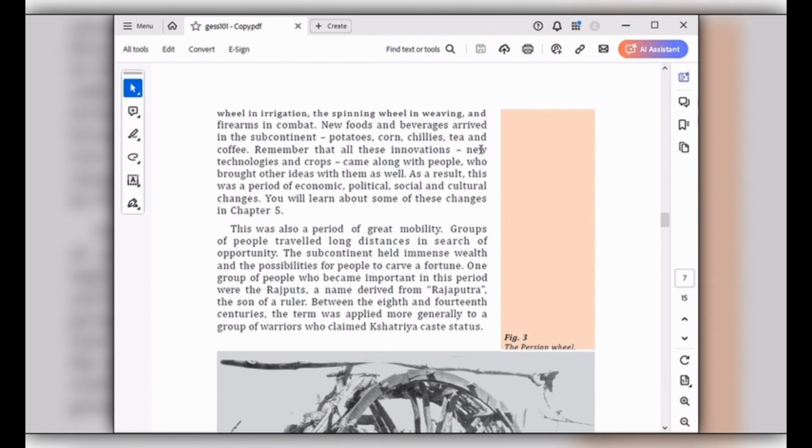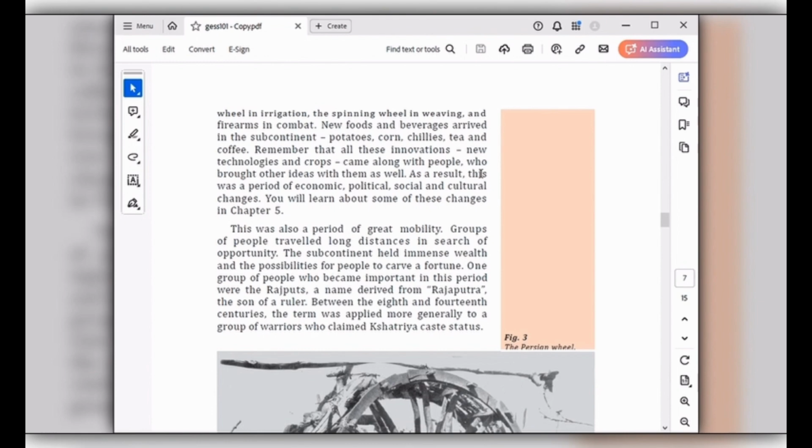Remember that all these innovations, new technologies, and crops came along with people who brought other ideas with them as well. So, when people from other places come and settle in a particular place, there is an intermixing of cultures. Cultures include the languages, the way of living, the standard of living, and their cooking style.